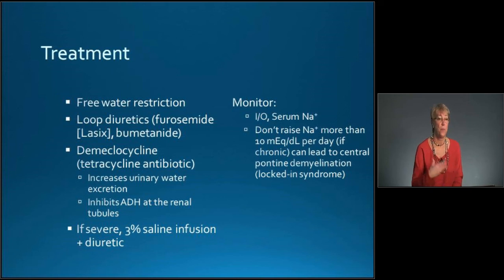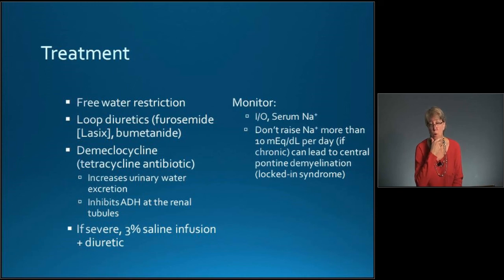So now with this one, because they've got too much water on board, they're literally water toxic, the conservative approach, if they're not severe symptomology, is going to be free water restriction. To pull off some of that fluid, you may get orders for loop diuretics, such as Lasix, or even a little Bumex.